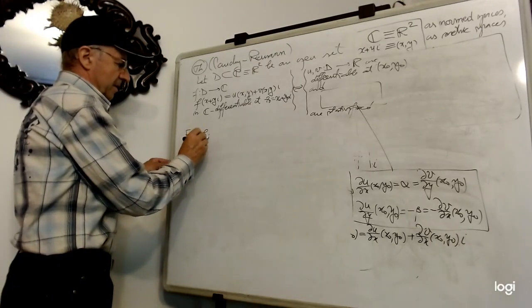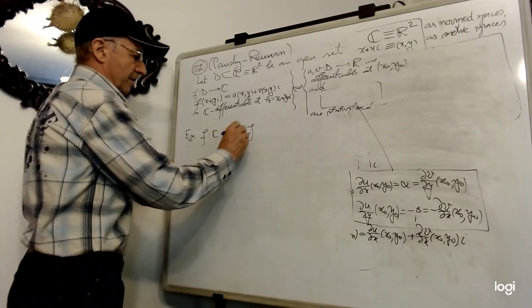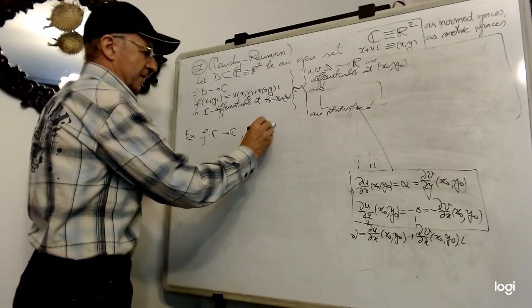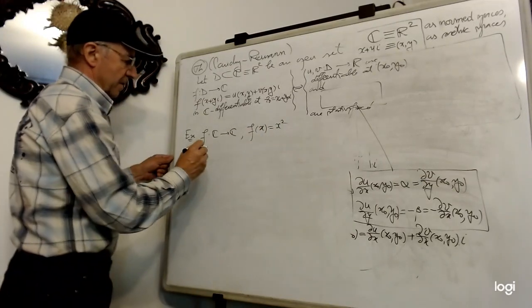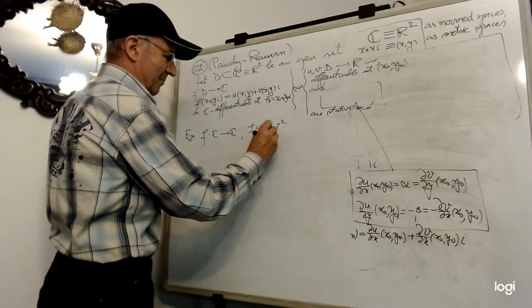let us consider f from C to C, f of z equals z squared.